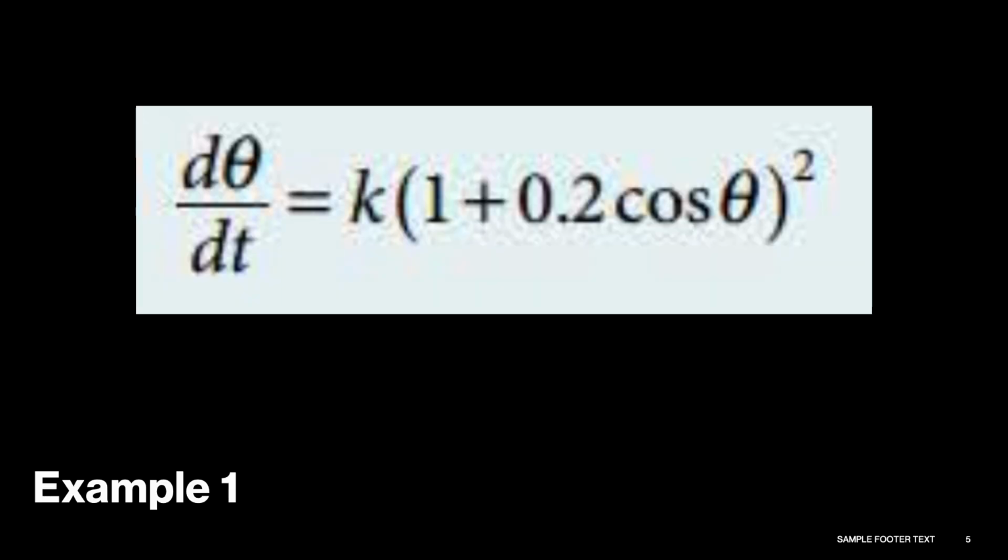Example 1. So first we identify d theta over dt. So we can tell now that it is a first order. Next we look at the degree. So if we look at the power of 2 here, we would normally assume that it would be second degree.